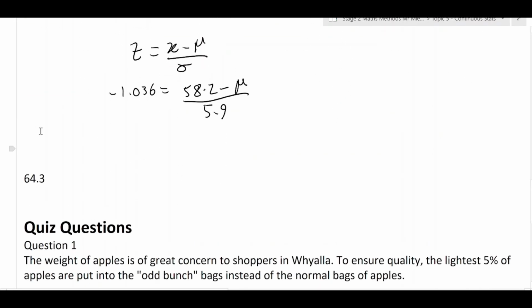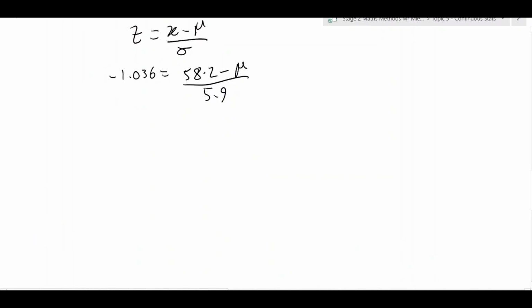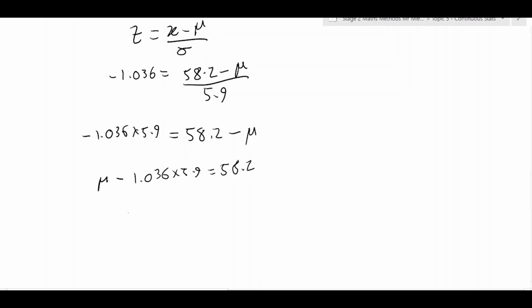Okay, so let's times 5.9 by both sides. So 58.2 minus the mean equals minus 1.036 times 5.9. And then I can keep shuffling this, so I can move the mean over here. Mean take 1.036 times 5.9 equals 58.2. And then the mean actually is 58.2 plus 1.036 times 5.9.